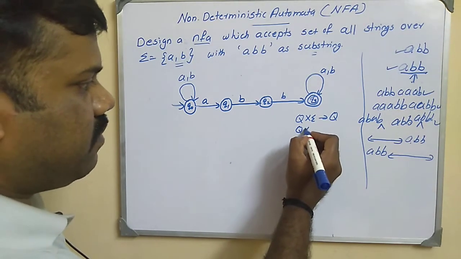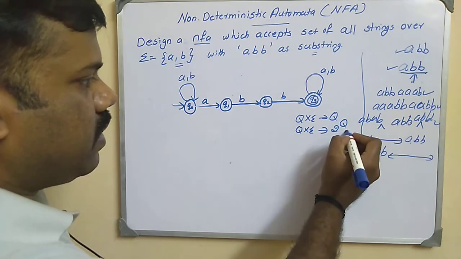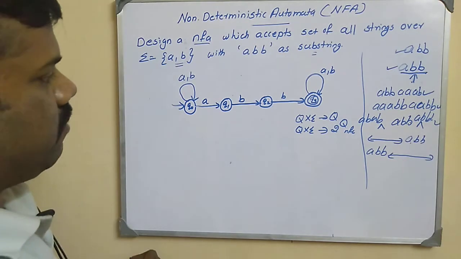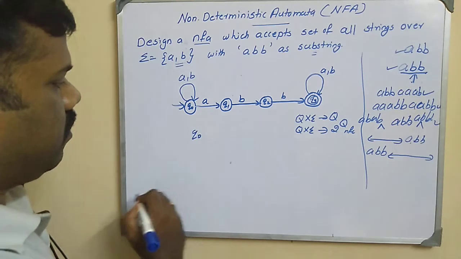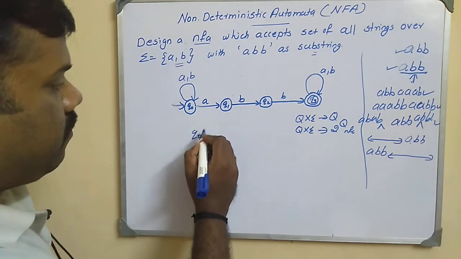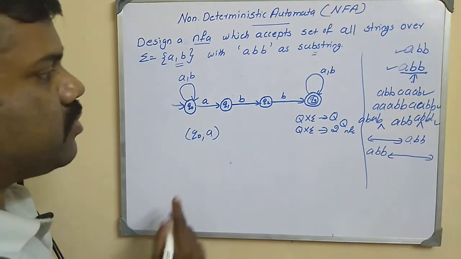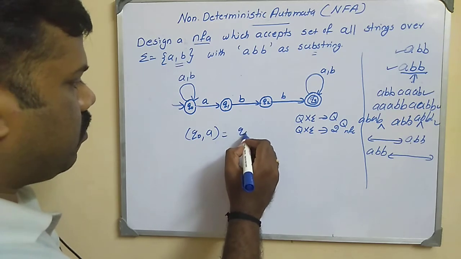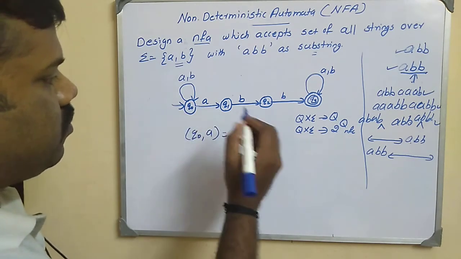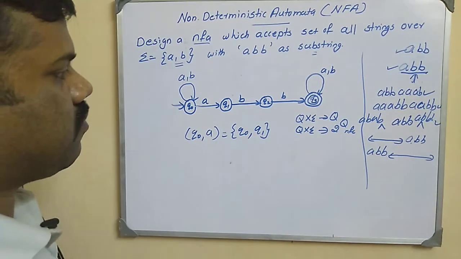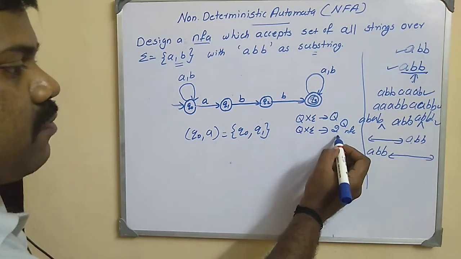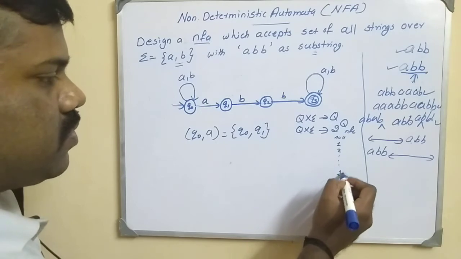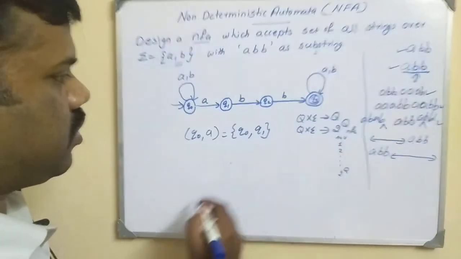In an NFA, as in the formal definition we have seen, the transition can go to any subset of states, up to 2 raised to |Q| possibilities. You can see that for state Q0 and input alphabet A there are two possibilities: either it remains in Q0, or it changes from Q0 to Q1. It can be null, a single state, or more than one state.